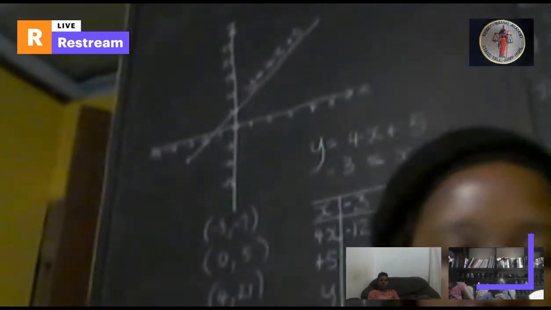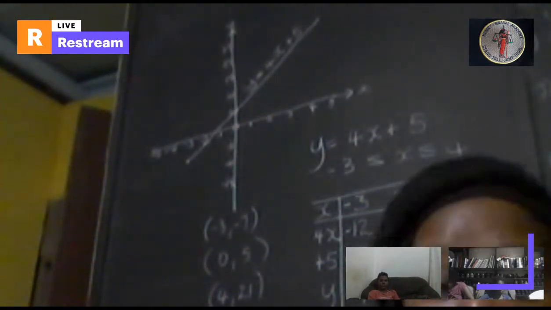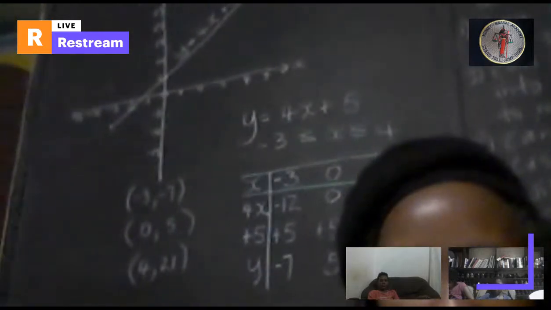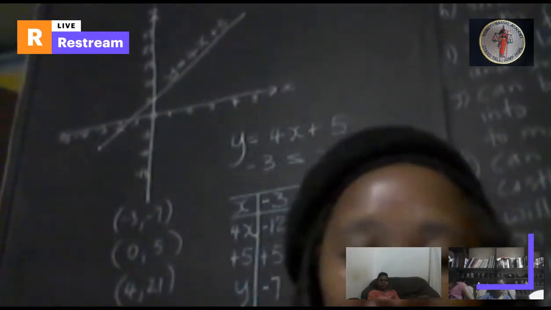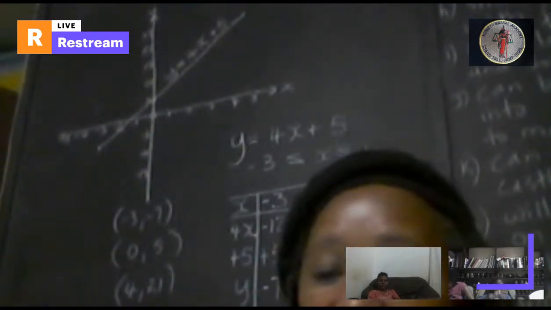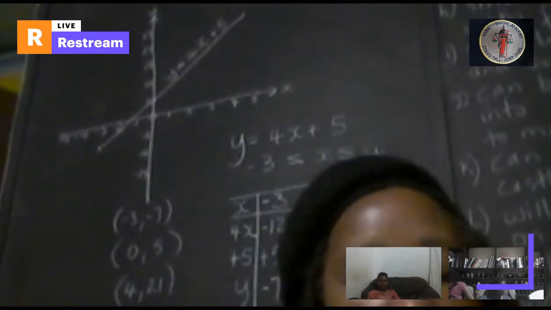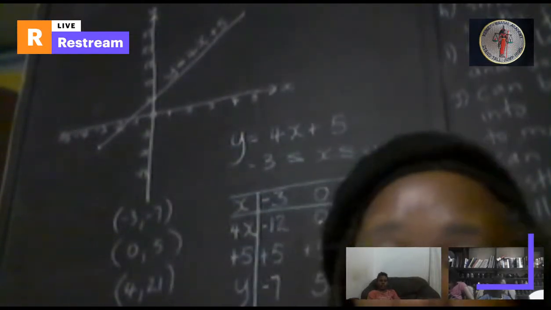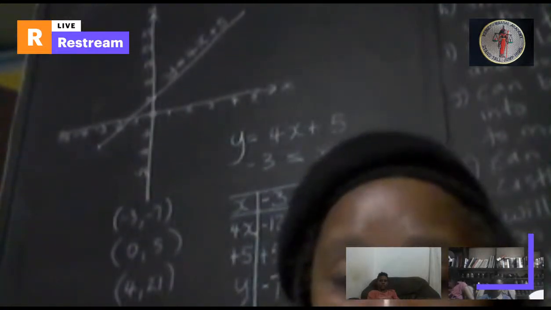So let's go back and look. So we have it crossing the y-axis at 5. It's crossing the y-axis at 5, and it has a gradient of 4. Now that equation, y equals 4x plus 5, there are a number of things that we can get from just looking at the equation. We can tell the gradient of the line.